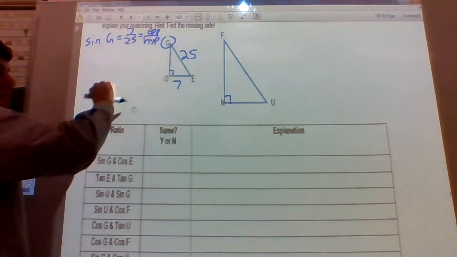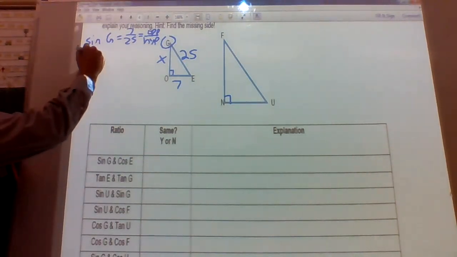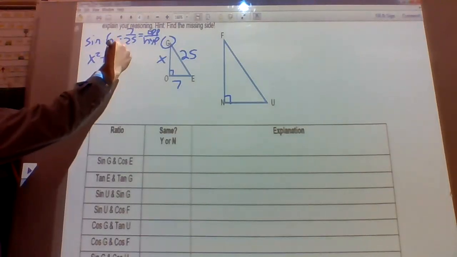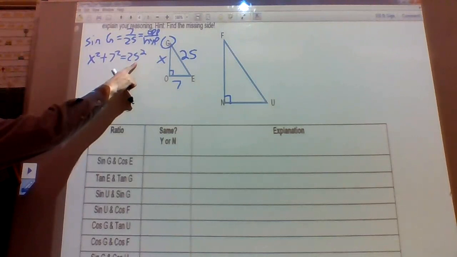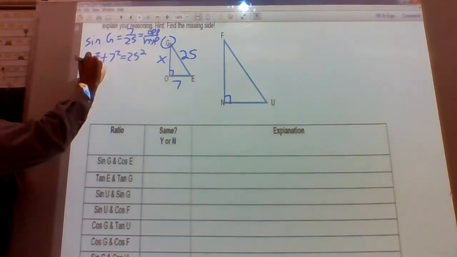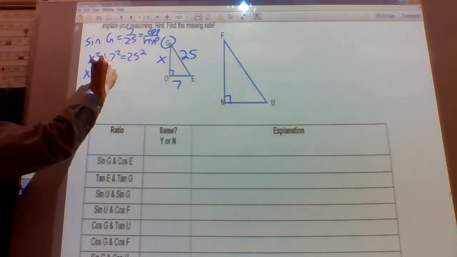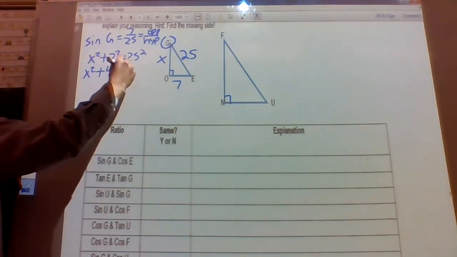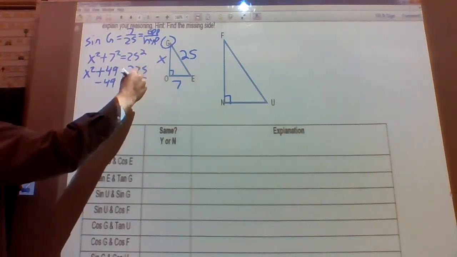So here's two sides of this triangle. We need to be able to find the third side here. So let's label it x. If we have two sides of a right triangle and we're trying to find the third side, we're going to use the Pythagorean Theorem. So x squared plus 7 squared equals 25 squared, right? Leg squared plus leg squared equals hypotenuse squared. So that's x squared plus 49 equals 625. Oh, it's 625, I'm sorry. I knew something didn't look right. Subtract 49 from both sides.